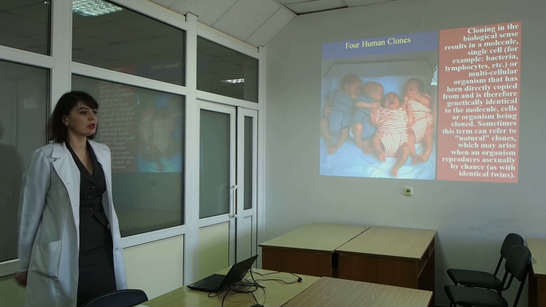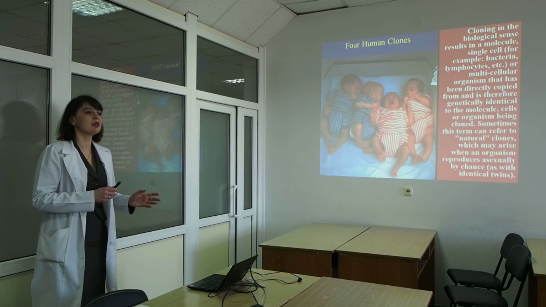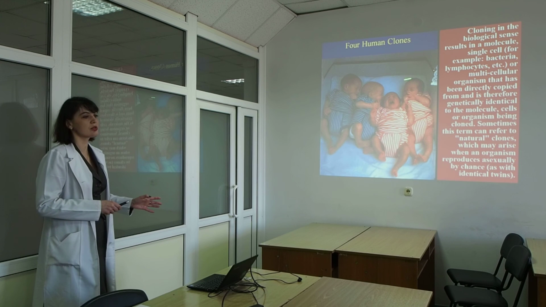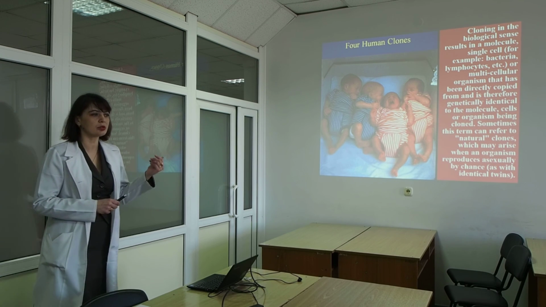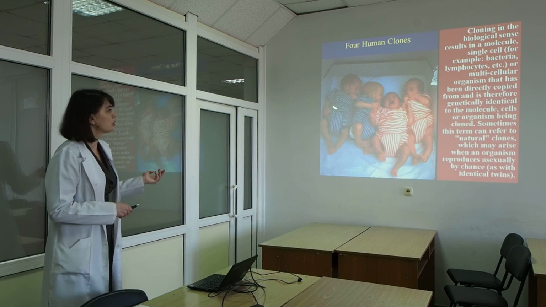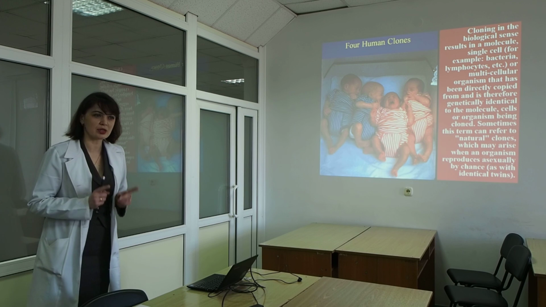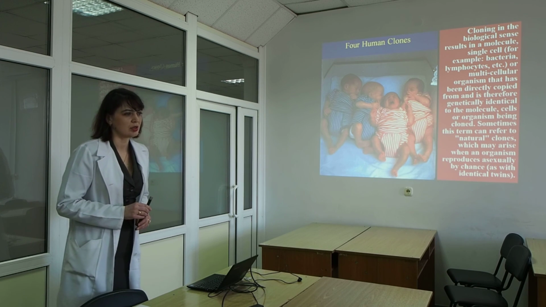And then this zygote divides. If it splits at the level of 4 cells, each of these cells is able to produce a single organism, due to totipotence, which we studied in cell biology.